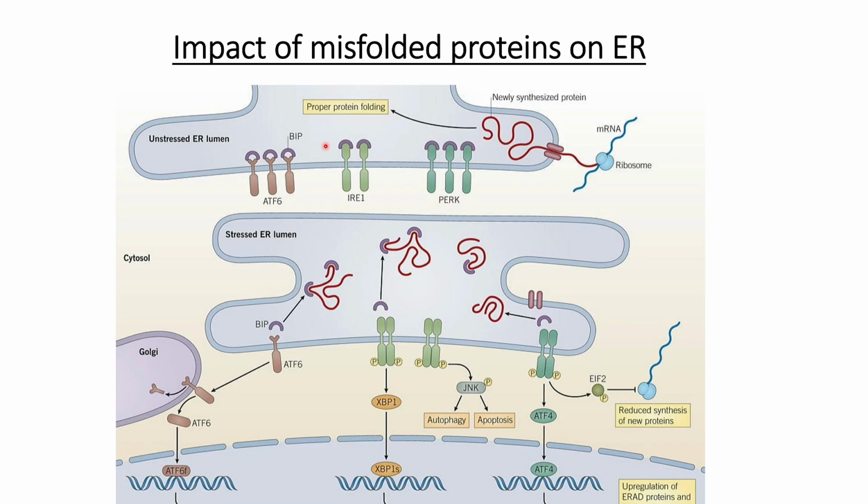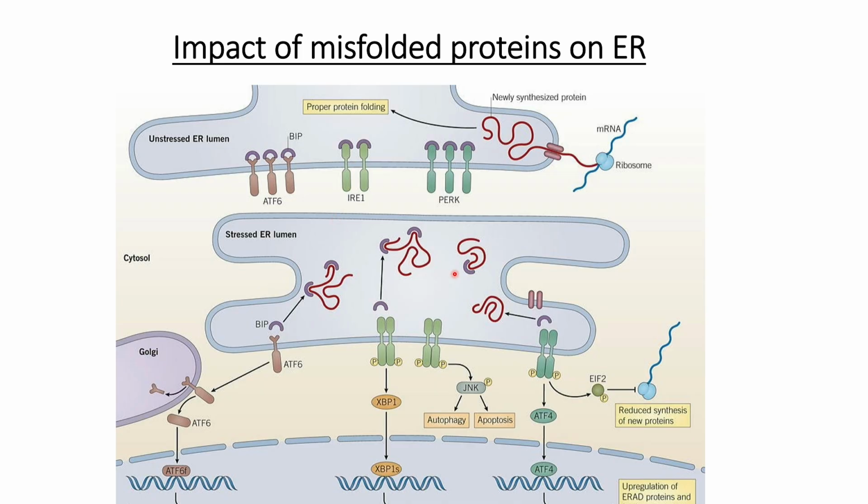This protein blocks ATF6, IRE1 and PERK whenever the endoplasmic reticulum is functioning normally. The proteins are being formed and properly folded, so there is no problem. These are blocked by GRP78 or BIP.